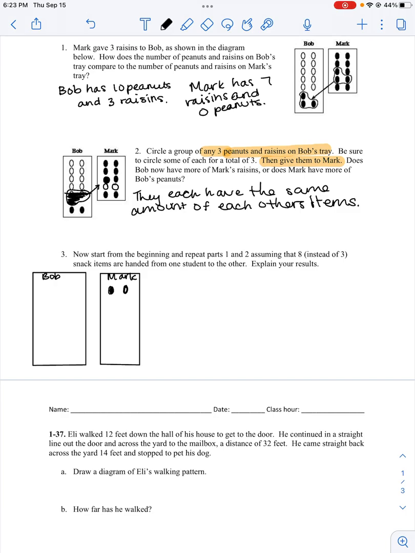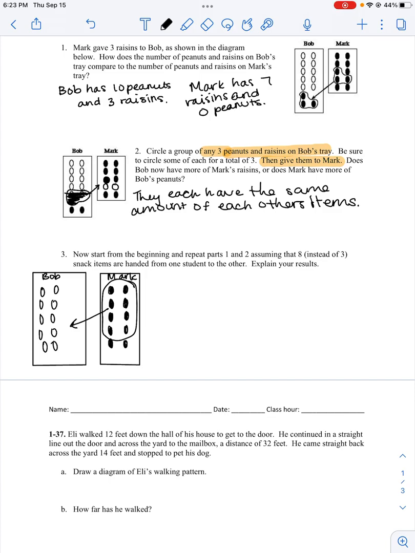Mark has the raisins. Bob has peanuts. Now I'm going to circle 8 of Mark's raisins, and they go to Bob.